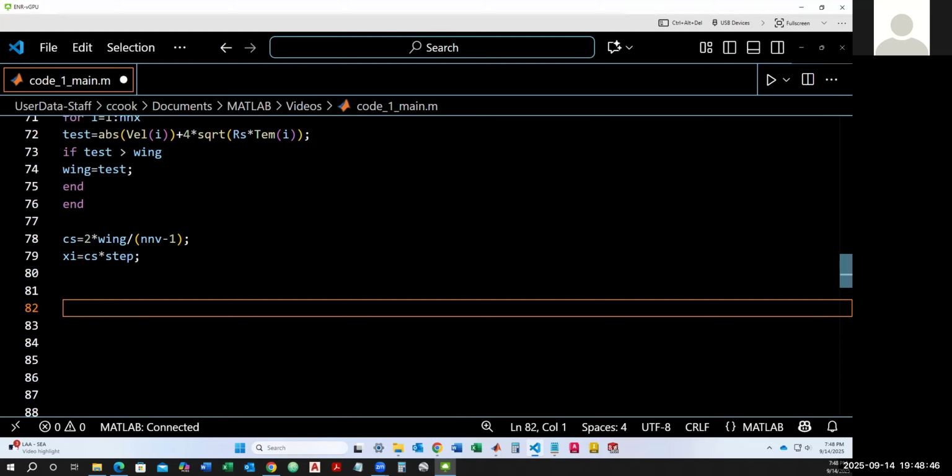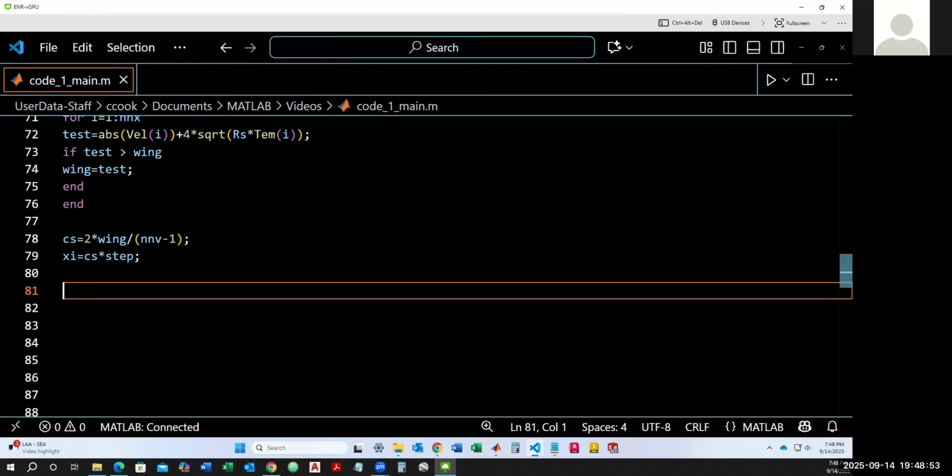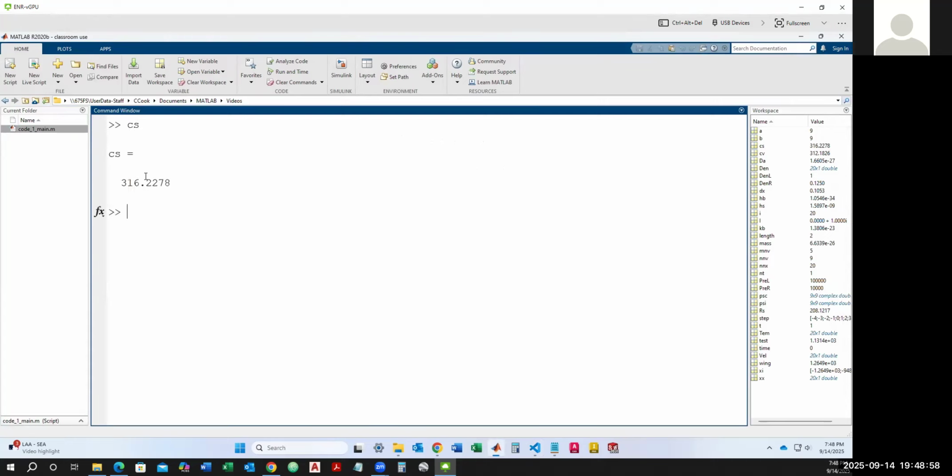So that's going to be the step vector times the characteristic speed. So this will update at every time step, but our first characteristic speed will be 316 meters per second. And then let's spit out xi. So these are our quantized velocities. We're going to add more, but we'll do that at the very end.